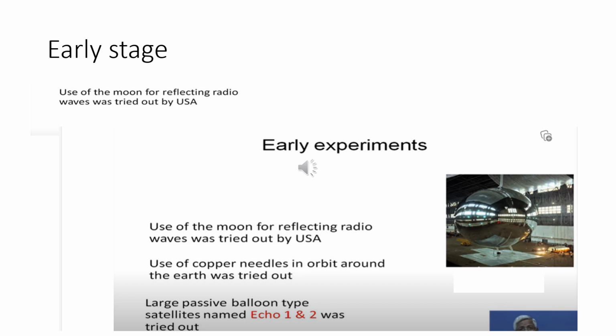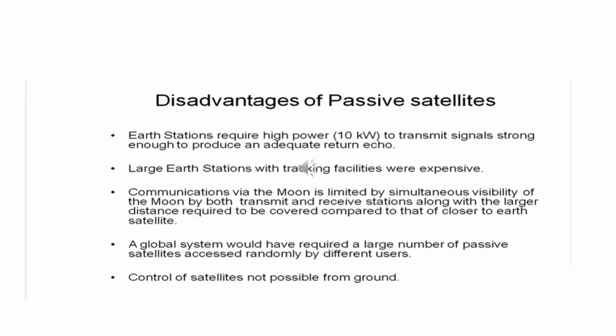Then the third solution was to use a balloon coated with copper, and that was also a passive form of satellite. So that was neglected. These are three different ideas for satellite communication: one is to use the moon as a satellite, second is copper needles, third is a balloon.